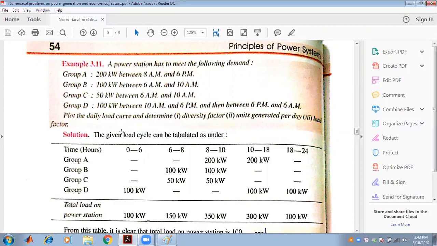Again, this totally depends on you, how you design it in the easiest way to find the load curve. Let's start.